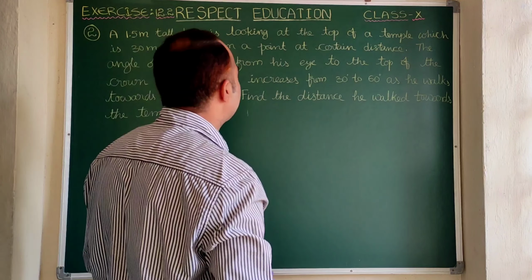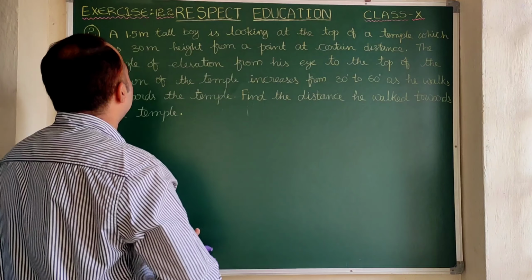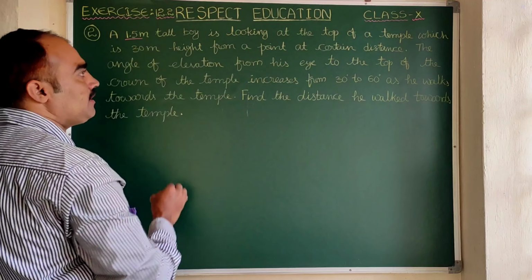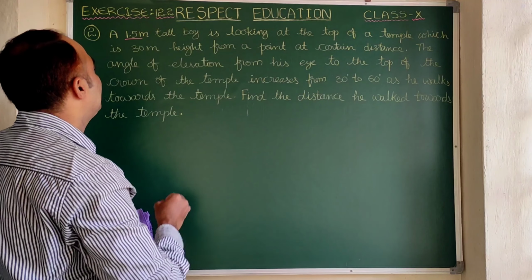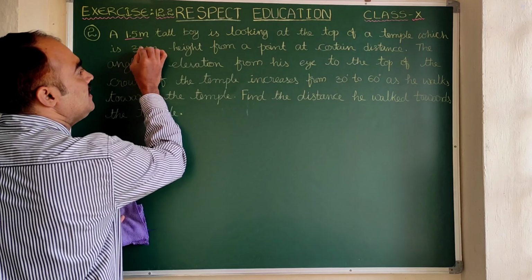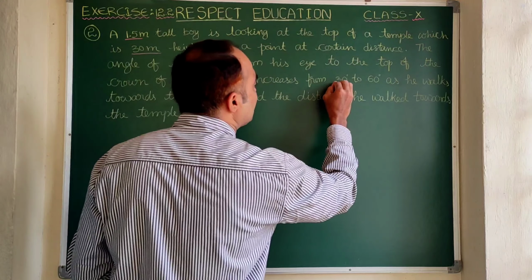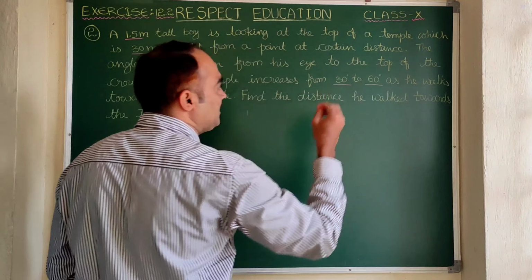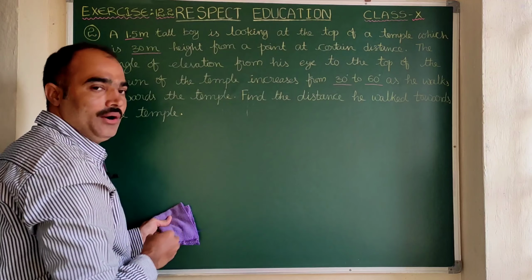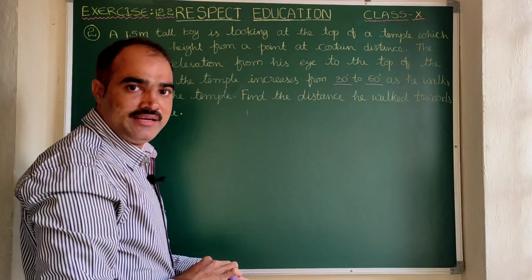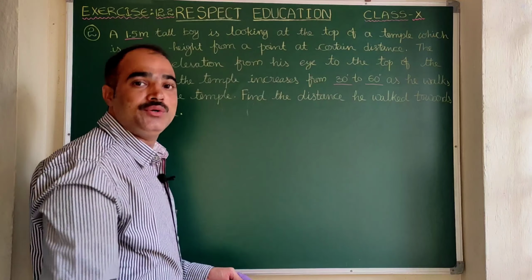Now here let us understand that if we observe carefully, the height of the observer, nothing but the height of the boy, is given. And here this is the height of the temple. And here these are the angles of elevation. Now, whenever the height of the observer is given, in the diagram we need to mention it.